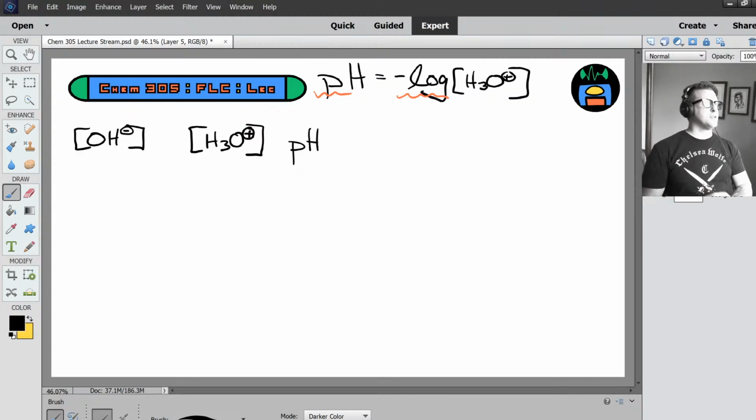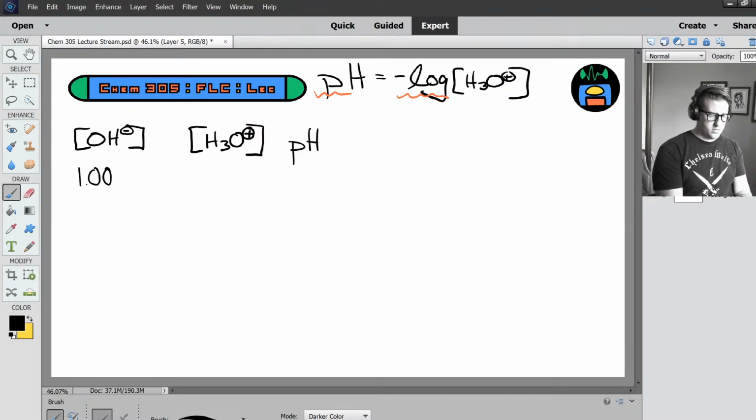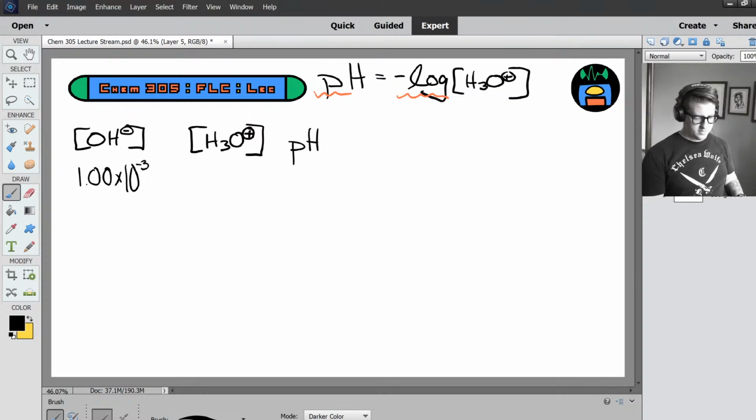So it actually isn't short for anything. So consider a solution where your molarity of hydroxide is 1.00 times 10 to the negative 3rd.